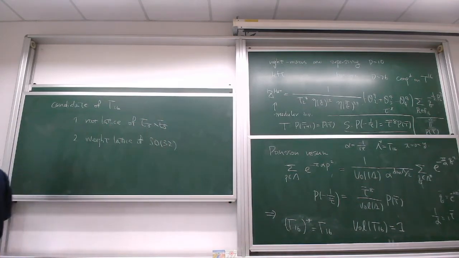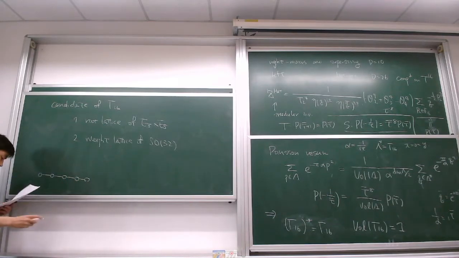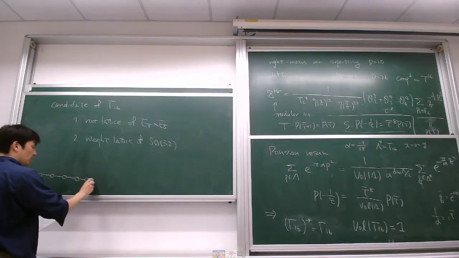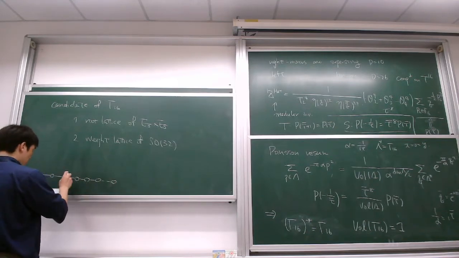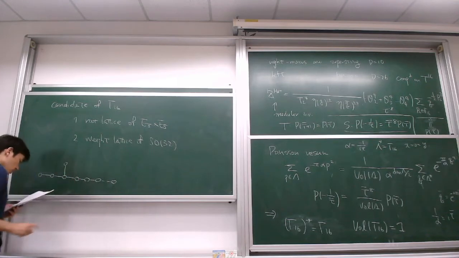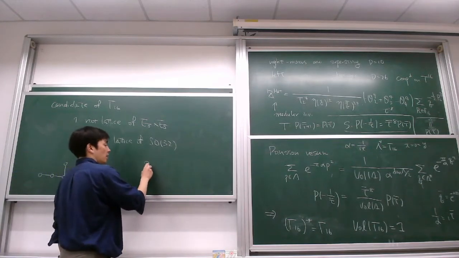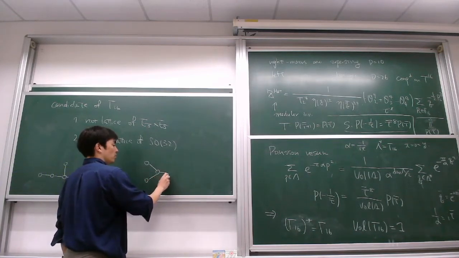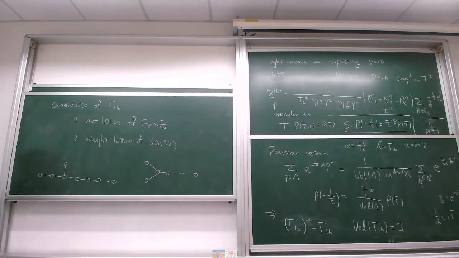Okay. So E8 is written here in the lecture notes, 7 lattice, right? 1, 2, 3, 4, 5, 6, 7, and 8. 8-dimensional. The Dynkin diagram of SO32 is something like this.